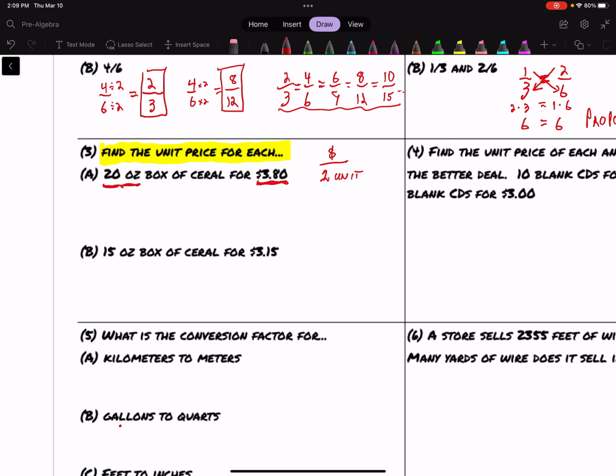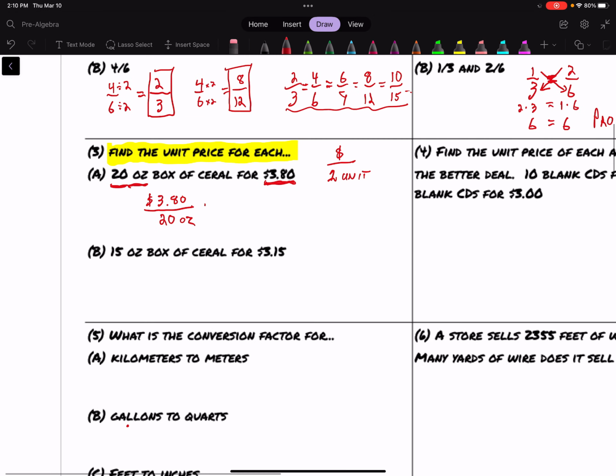So let's put the dollar figure on the top, 380. We can write it as a decimal or as a dollar figure, and then we put the number on the bottom, 20 ounces.